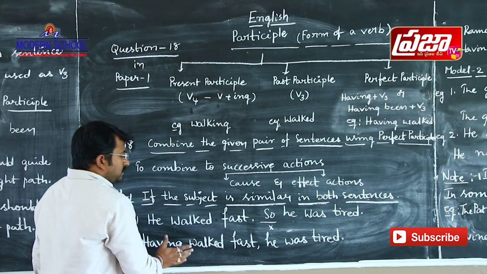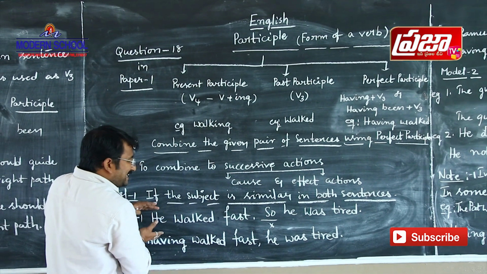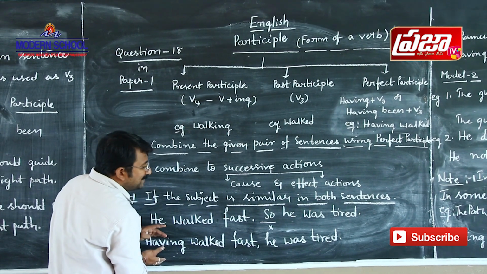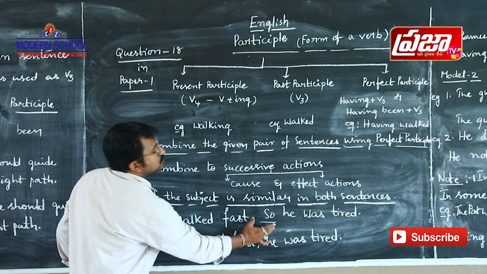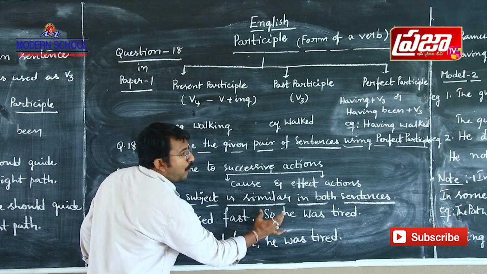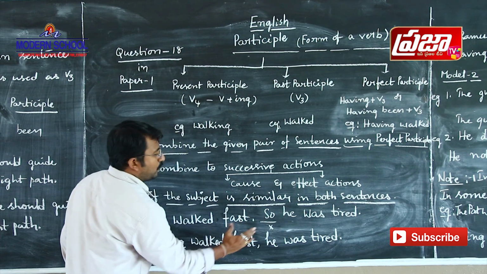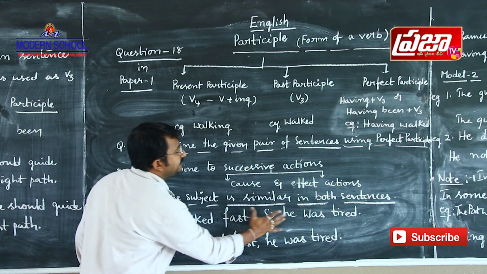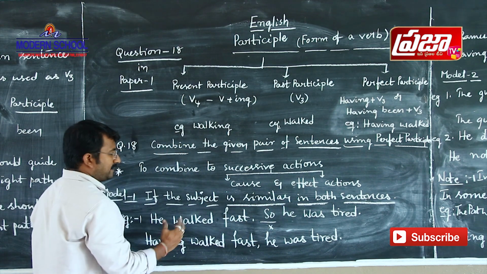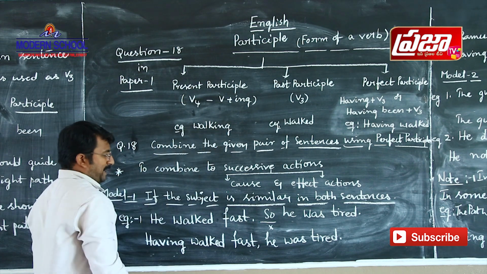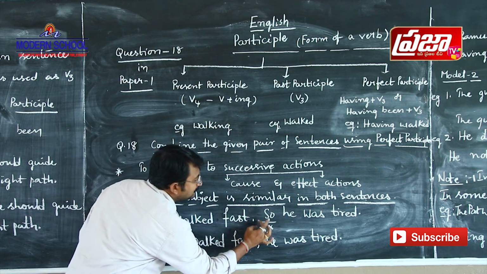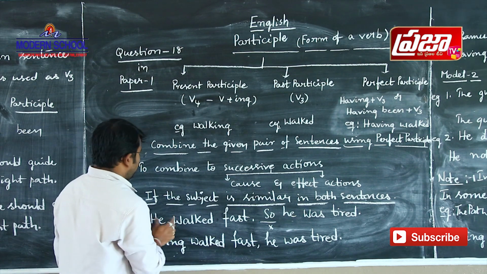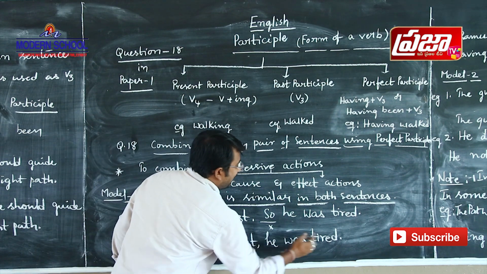Here, we changed this compound sentence to the simple sentence. So, we should not use this coordinating conjunction. We have to skip this coordinating conjunction when we combine these two sentences using the perfect participle. So, I skipped this coordinating conjunction. So, here he was tired.